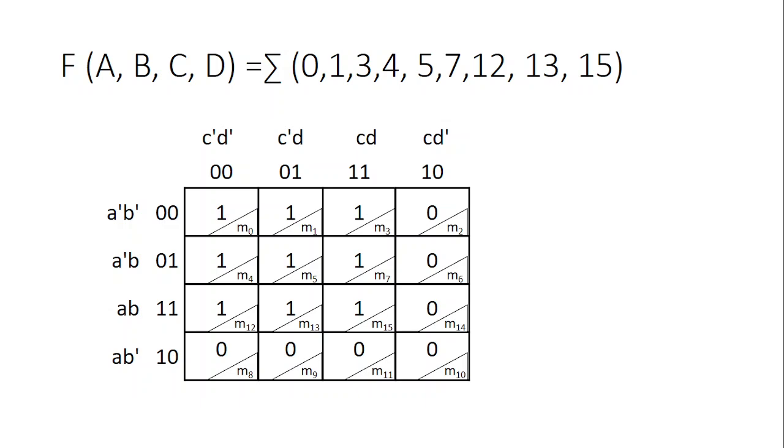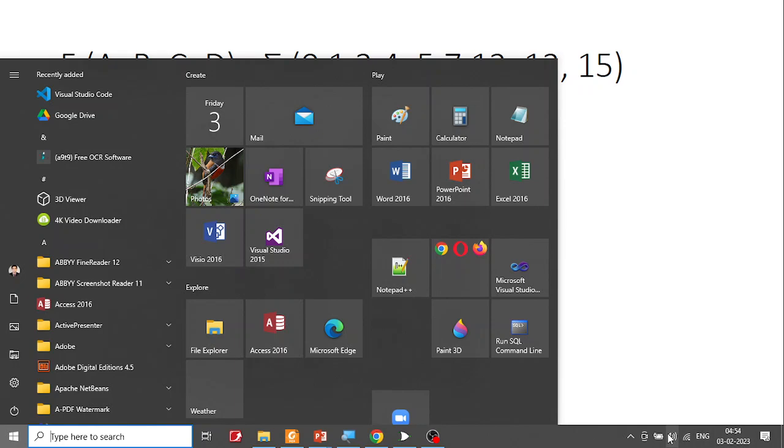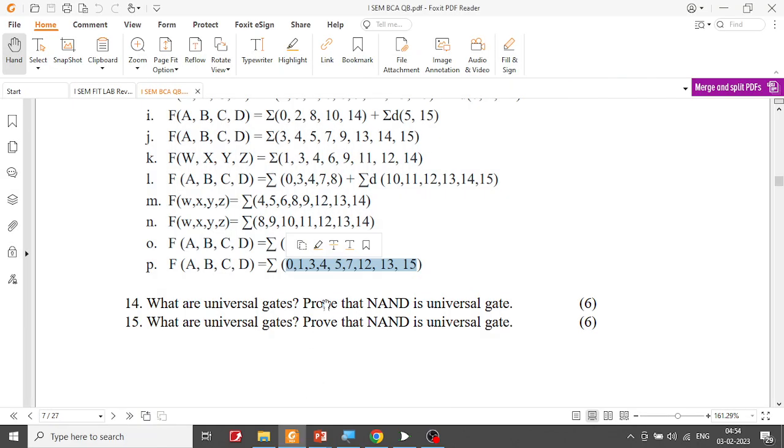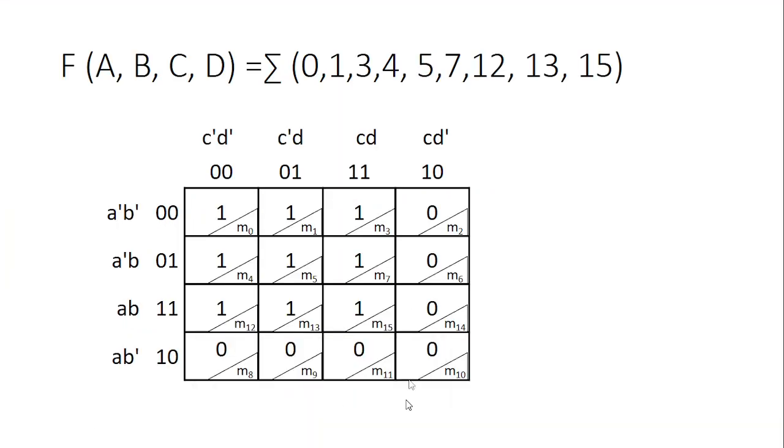So this is what is given in your question paper or in your question bank. I have copied these min terms as they are over here. Now we are supposed to map them. So how do we map them? You take this one.